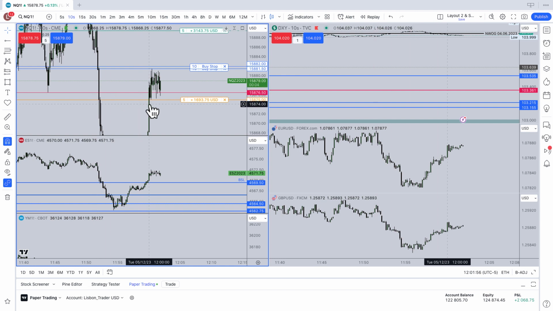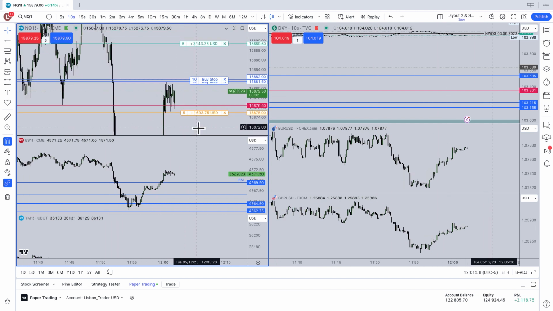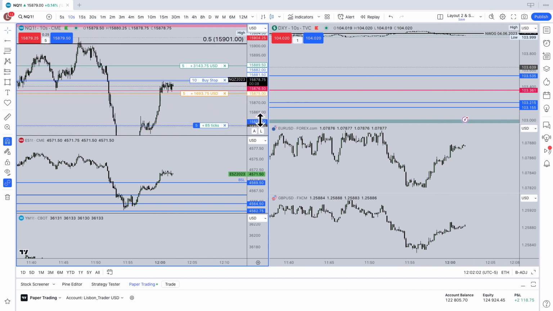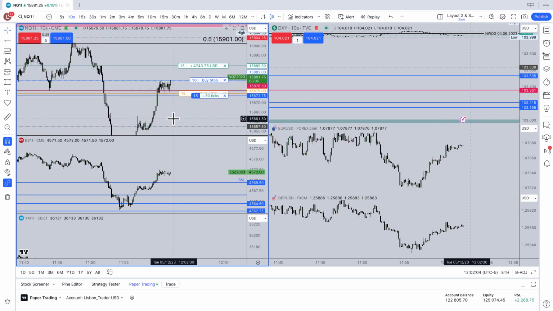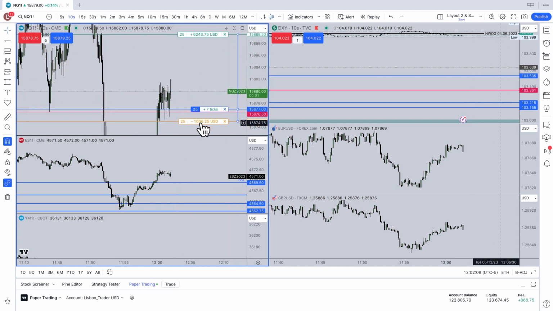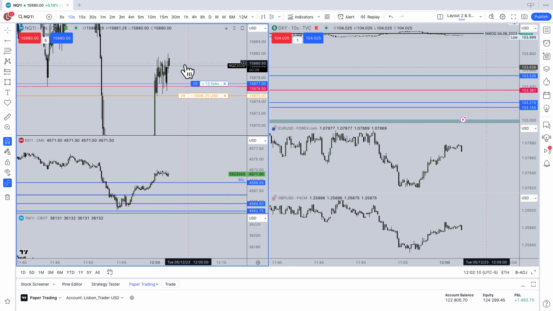Removing some equity. So 120 there. Okay, so it's 1,000 in risk.